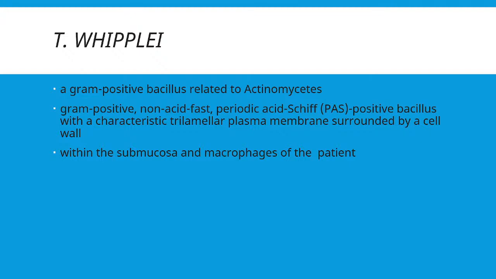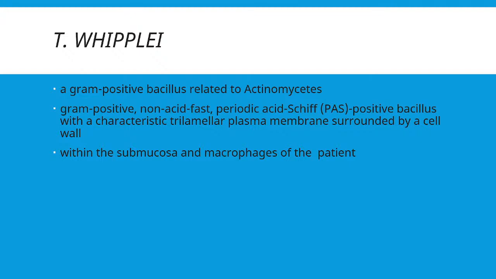So, what is diagnostic of Whipple's disease? The main diagnostic feature of Whipple's disease is the presence of PAS positive macrophages along with the presence of Tropheryma whipplei, which is recognized by trilaminar plasma membrane. Okay, presence of this plasma membrane in the biopsy samples is important to diagnose Tropheryma whipplei.